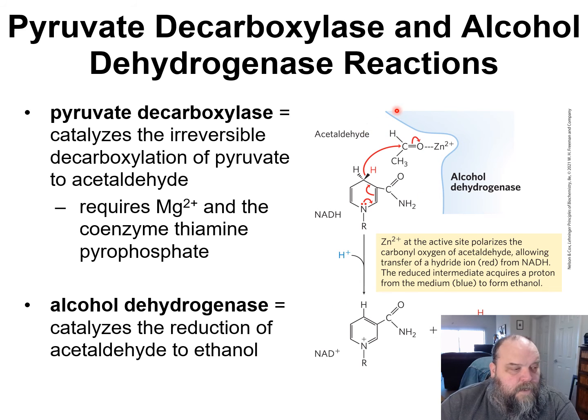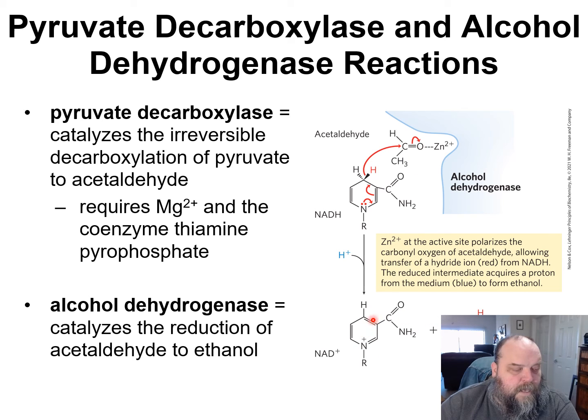The alcohol dehydrogenase has a zinc finger in here that interacts with our 2-carbon thing here. We have NADH coming in. The attack here from this hydrogen to this carbon, this electron pair to this carbon, this one shifts there.